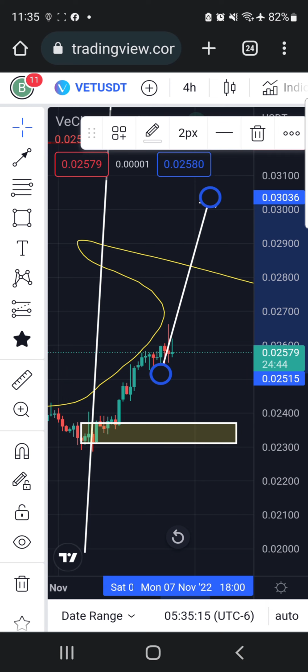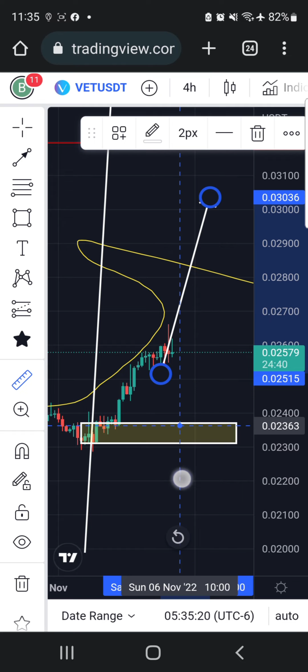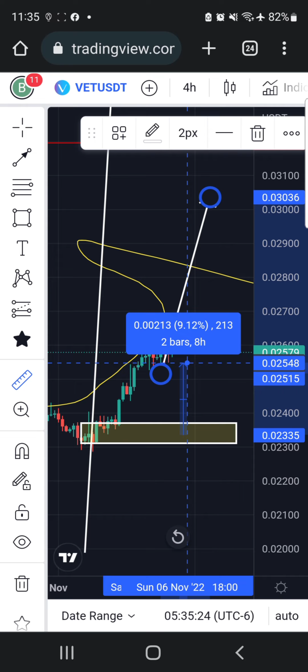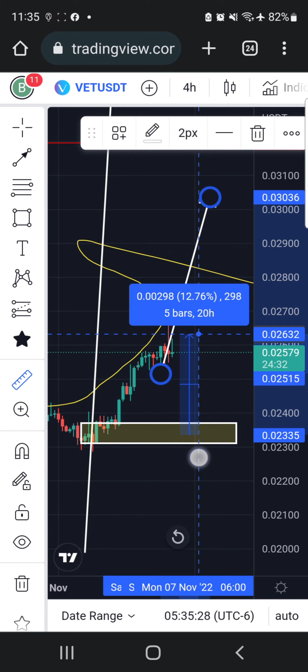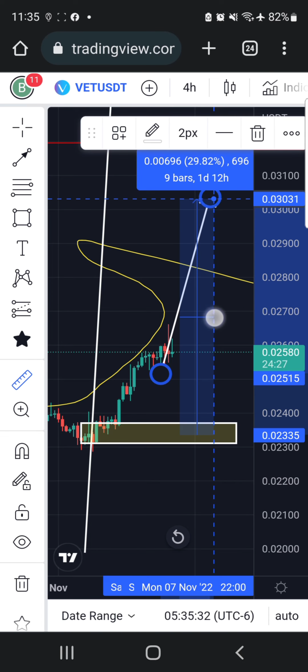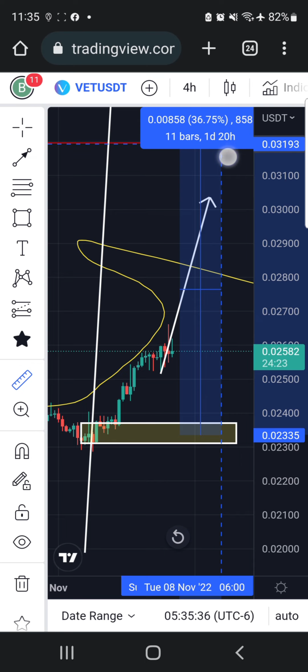Now let's say in a scenario that this trade does play out. If it comes here to there, as mentioned, it's roughly between 12-13%, but if it continues to go up without any pullbacks, then we are looking at more than 35-36% gains.